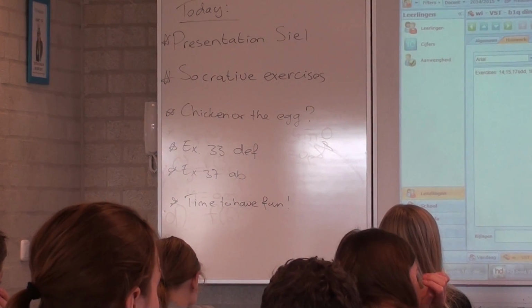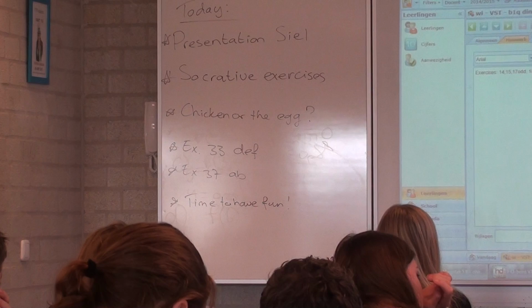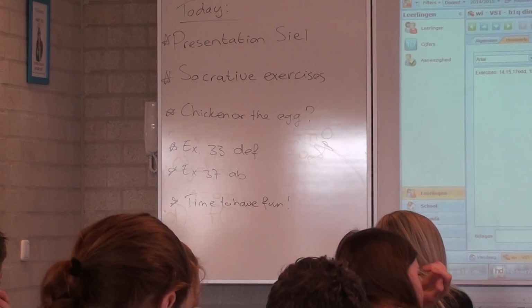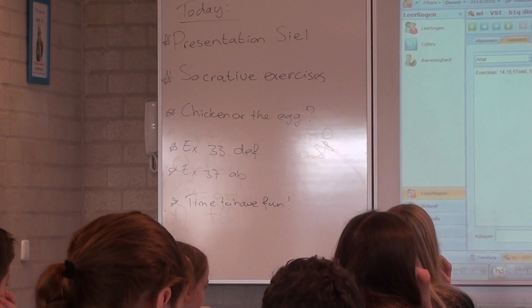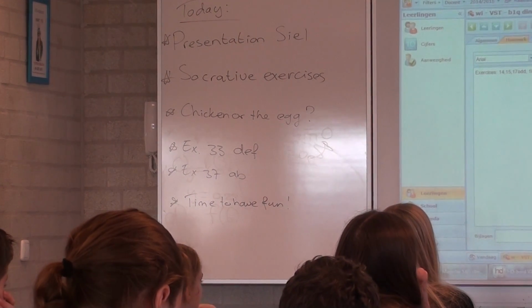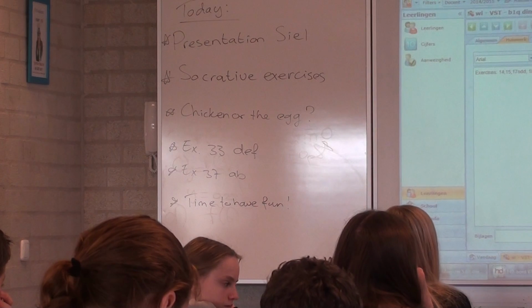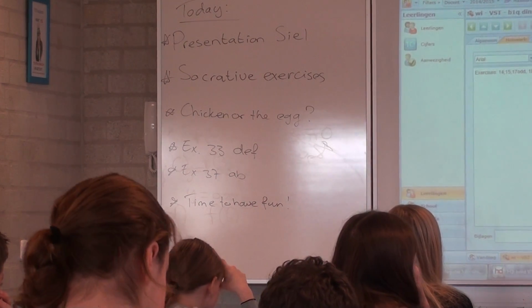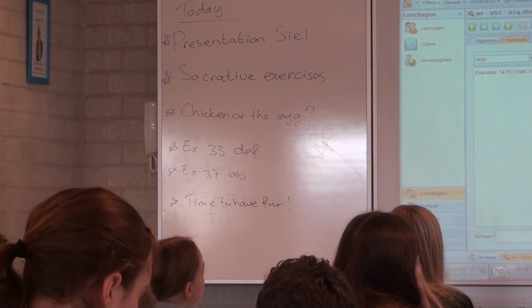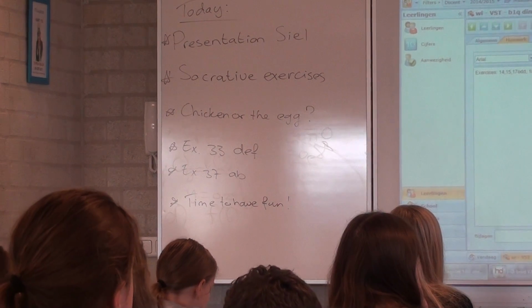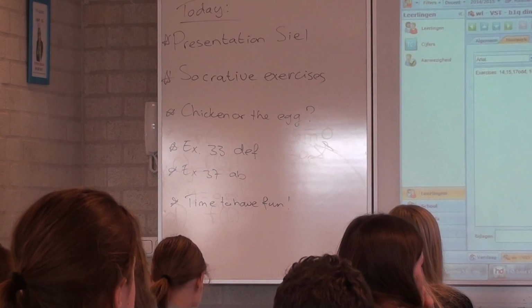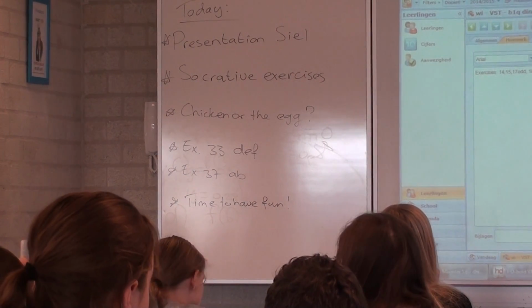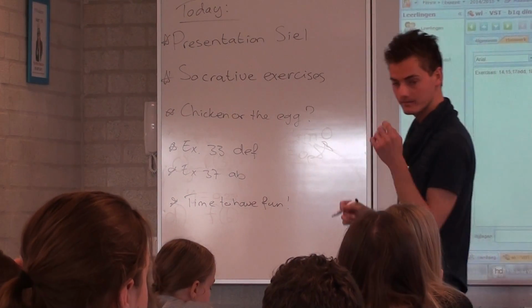For example, in 37a, we have negative 2 over 3 times 5 over 11. What is always going to happen when I multiply two fractions with each other?